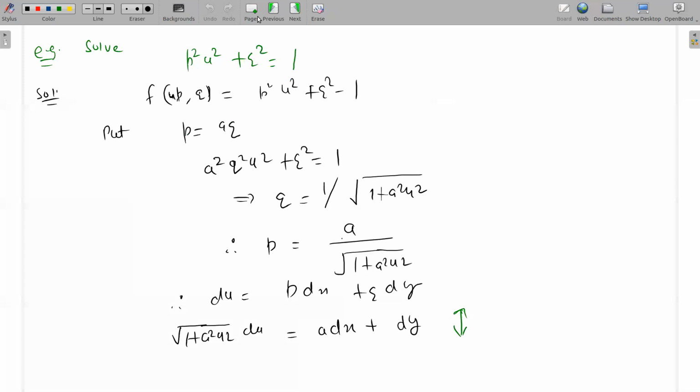I hope you can solve this integral. What is the answer of this integral?